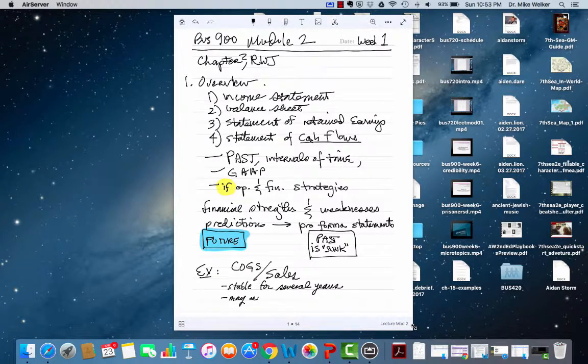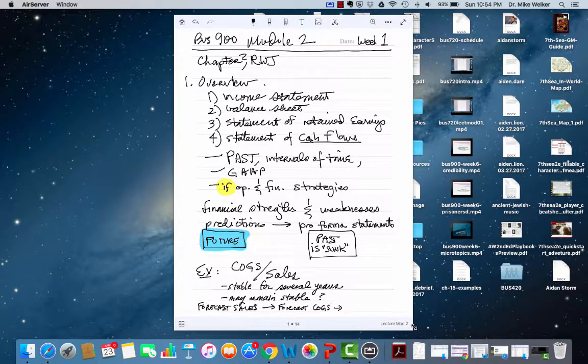We have to, of course, justify this. So we could take this information and, if we had a forecast of sales, from that forecast of sales we could forecast COGS, cost of goods sold.